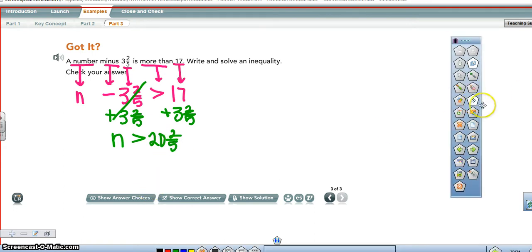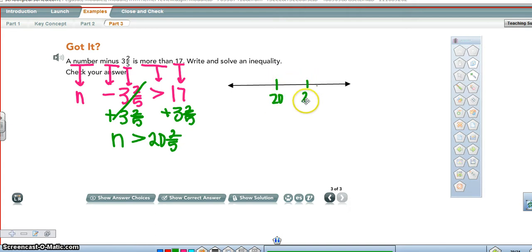Right, to graph that, we could sketch a number line. 20 2/5. So maybe I'll include 20, and I'm going to break each section down into fifths by dividing each section into 5 parts. So there's 1 part, 2 parts, 3 parts, 4 parts, 5 parts.